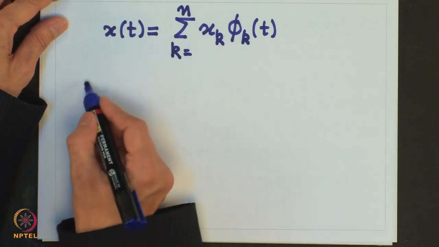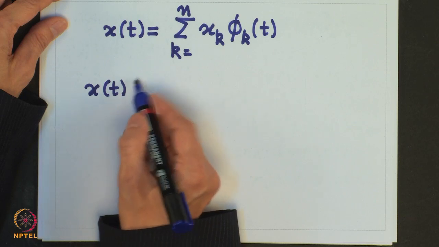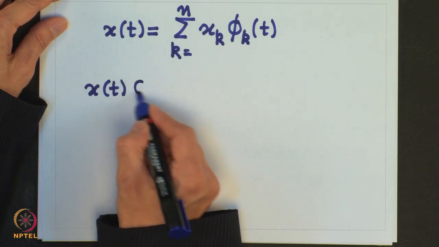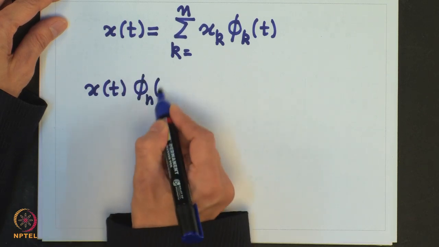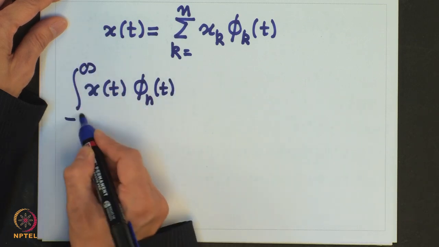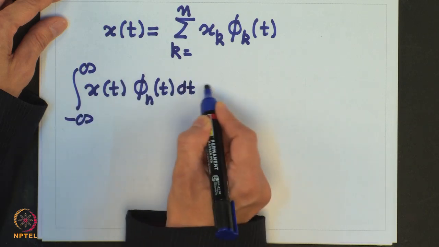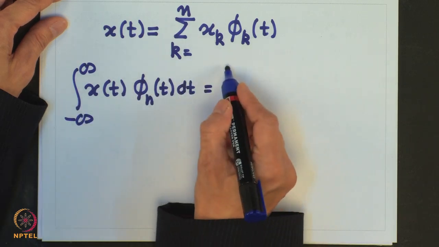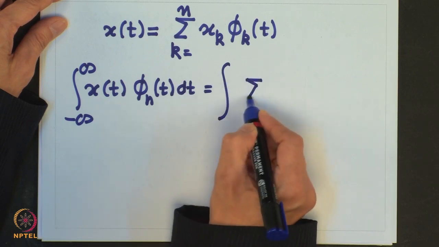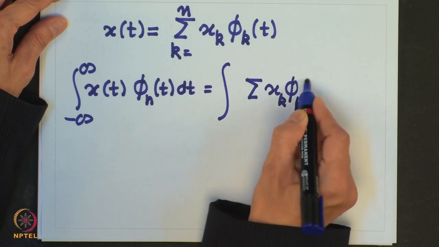What you have to do is multiply both sides by, say, phi n(t) and integrate over the domain minus infinity to plus infinity. If I do this on the right hand side also, I would get this as follows.